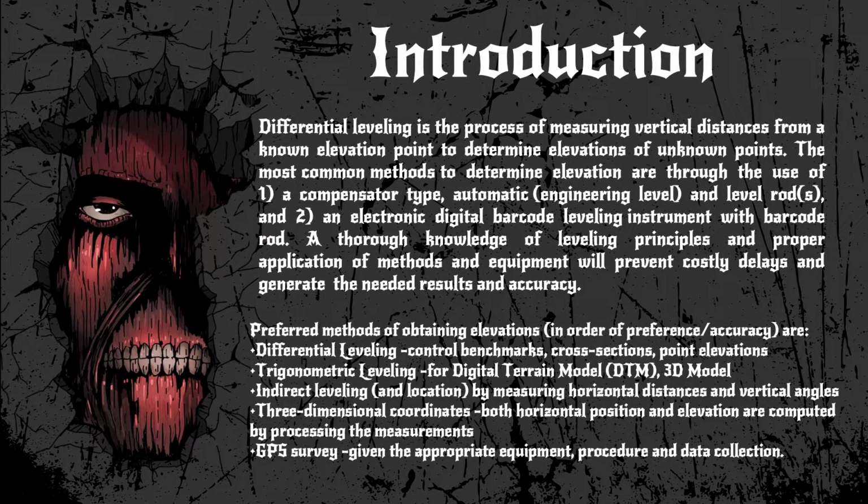Third is indirect leveling and location by measuring horizontal distances and vertical angles. Fourth is the three-dimensional coordinates, where both horizontal position and elevations are computed by processing the measurements. And lastly is the GPS survey, given the appropriate equipment, procedure, and data collections.